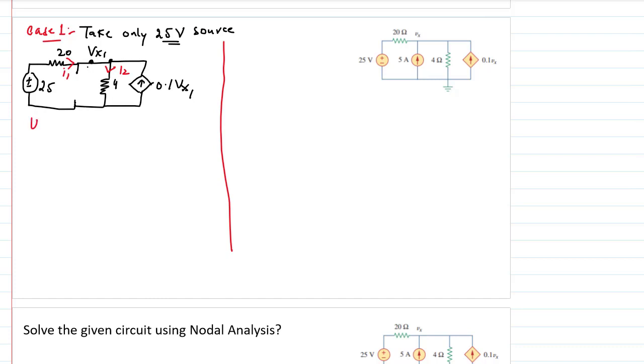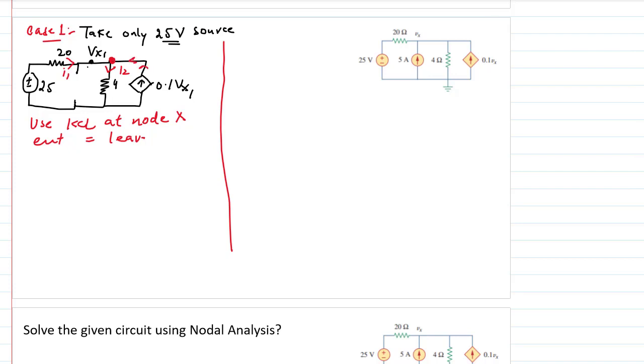So we can use KCL at node X. This is the X node, where we are applying the KCL. It means currents which are entering are equal to currents that are leaving. What are the currents that are entering? If you see this node, this current is entering, and this current is also entering the node, correct? It is moving this way, and I2 would be leaving.